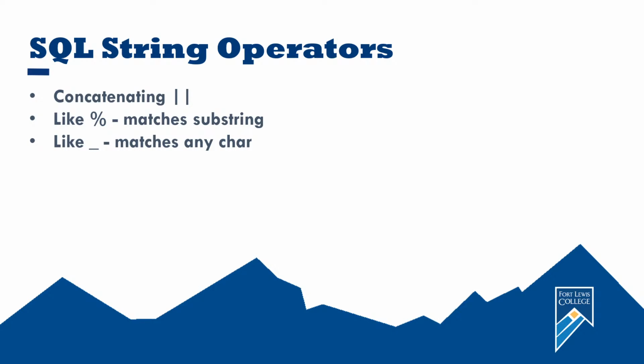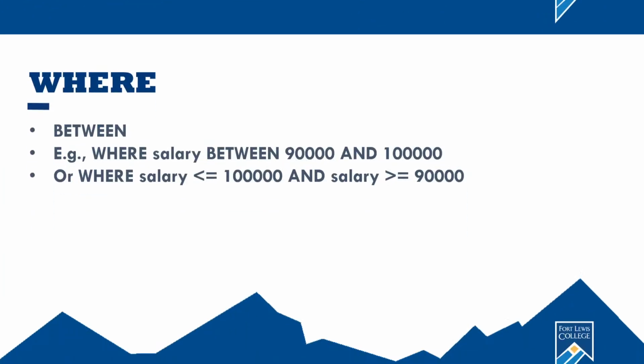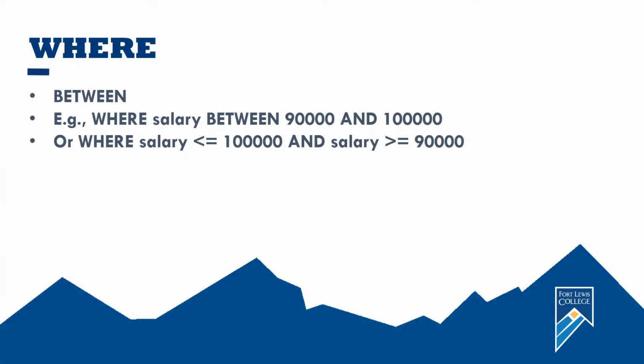Regular expression, we could spend a whole day talking about regular expression. It's a very complicated function with many different modifiers we can apply. Just a very powerful tool. All right, so where. While we can't do aggregate functions with where, we can certainly specify many other things. We could do comparisons inside of where.